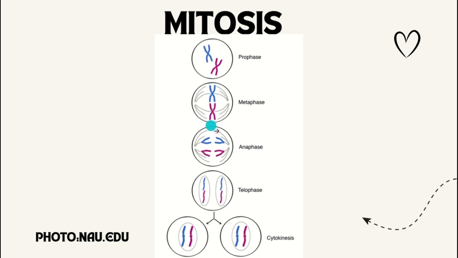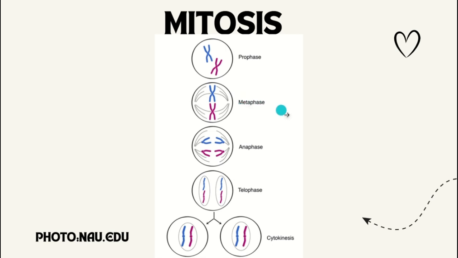So this right here is the middle, the equator. It lines up right here, and from these centrosomes or centrioles, we're going to have these spindle fibers extending. When these spindle fibers extend, they are going to attach themselves to something called a kinetochore. The kinetochore is at the back of the centromere, so the fibers attach to the kinetochore, which is on the centromere right here.